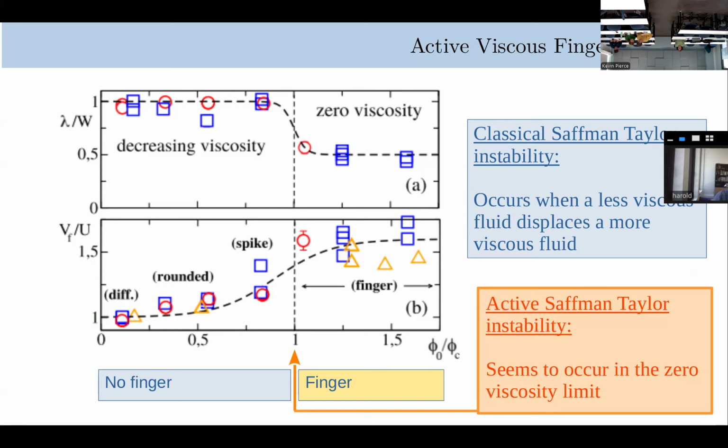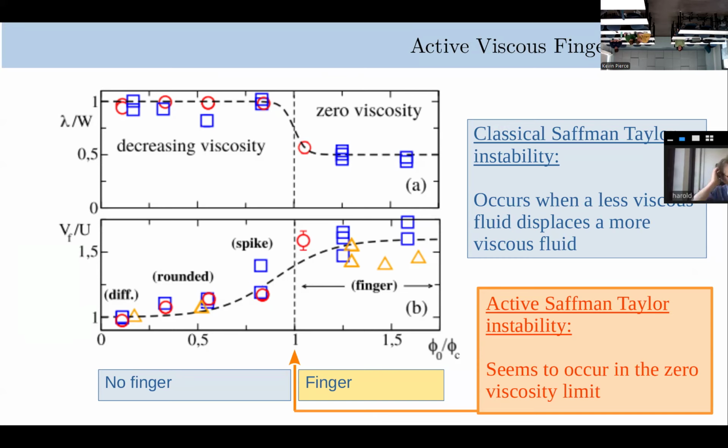So it's a bit different because in classical Saffman-Taylor instability, what you need is just a less viscous liquid. If you have a less viscous liquid pushing a more viscous liquid, then you will observe an instability.